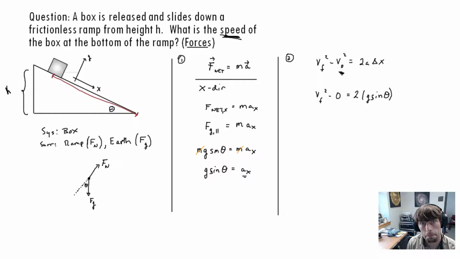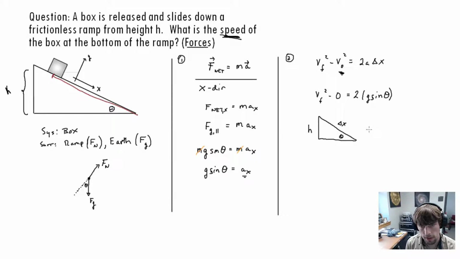Hopefully you see right here, I've got a triangle again, of physical distances. We've got a height of h. I'm looking for the hypotenuse of the triangle, which in this case is my delta x, based on my x-axis, and I have my angle.